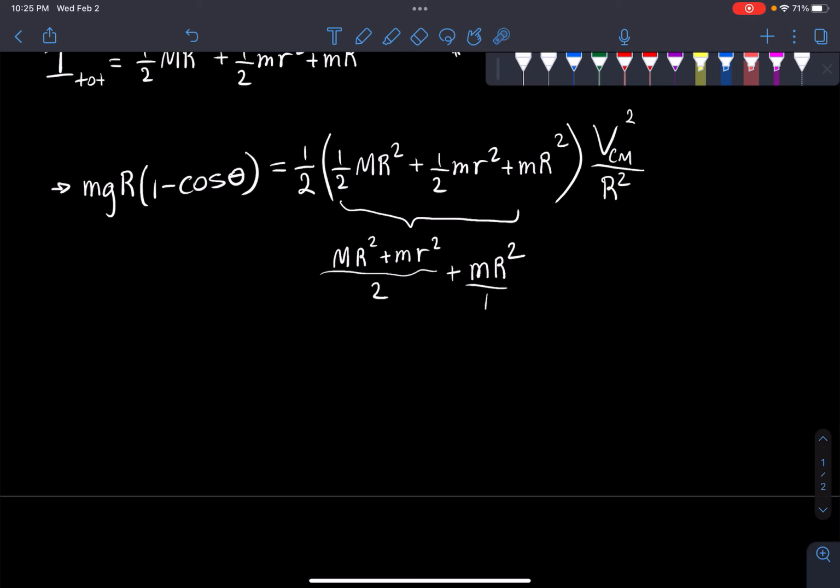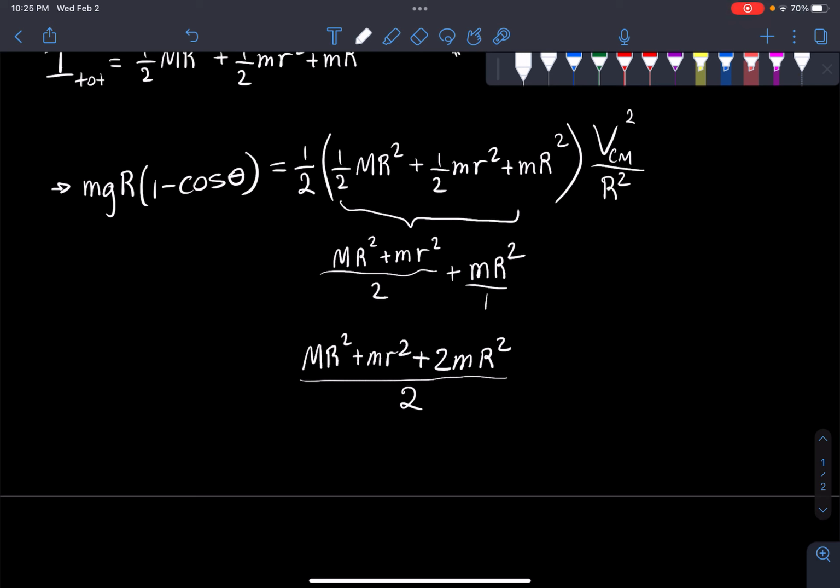So we'll do this times this plus this times this over 2. So that's capital M R squared plus little m r squared, just times 1 doesn't change anything. And then plus 2 times little m capital R squared. And then it's just over 2. So that is not simplified, but it's the moment of inertia in one fraction, okay?